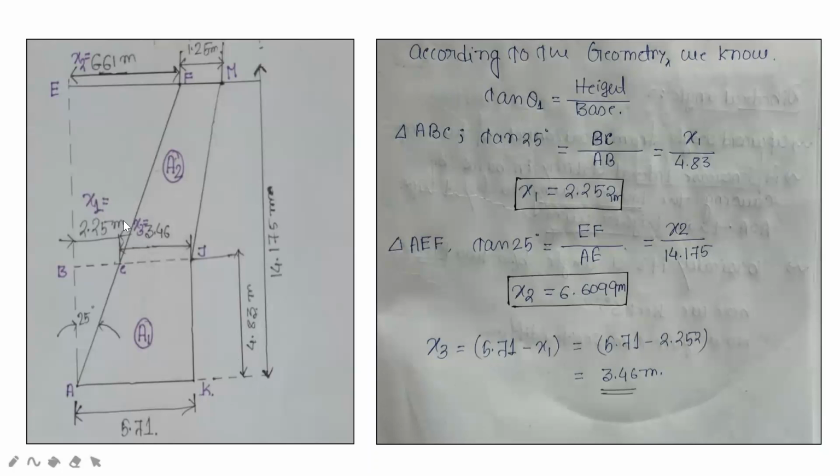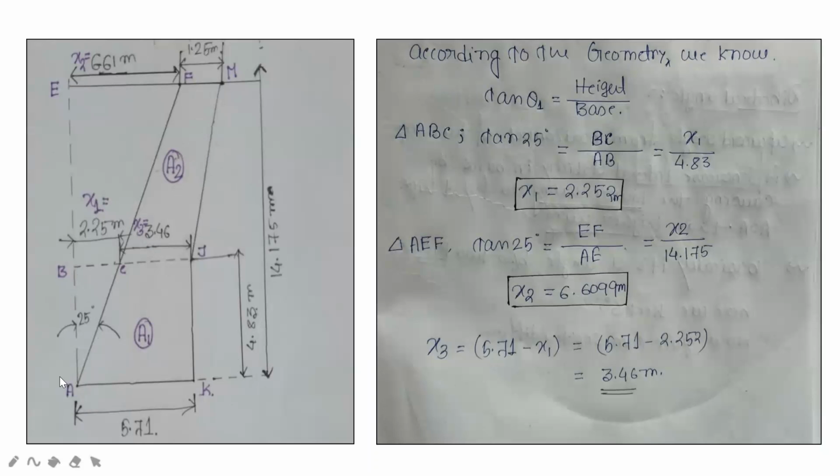Now, for easy calculation, we have named the points of the total wing A, B, C, E, F, M, J, K, and we have divided this wing into two trapezoids. It will help us calculate the area easily.